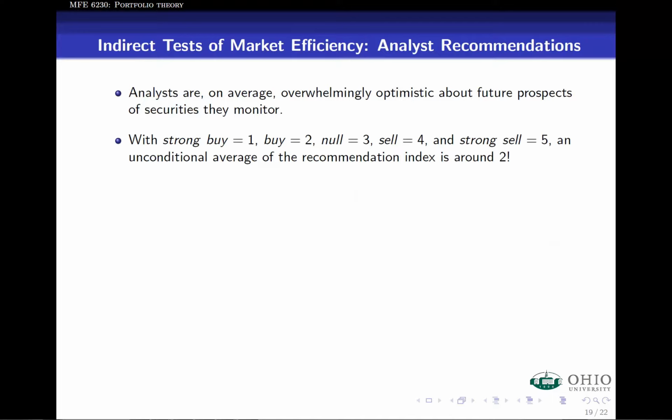All right. So if analysts are eager on either side, they don't really prefer a certain side in terms of buy versus sell, the average should be something close to 3, right? But the actual average recommendation index is around 2, which means that most of their recommendations are around here, right? That means that they are overly optimistic.